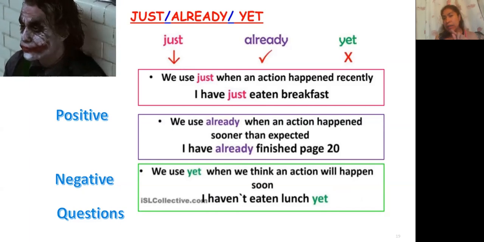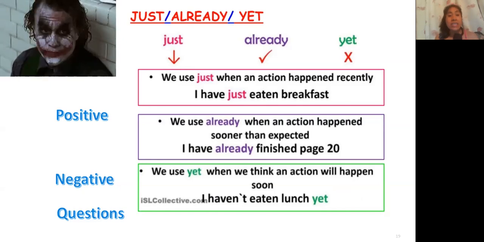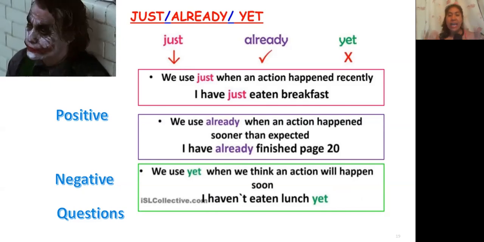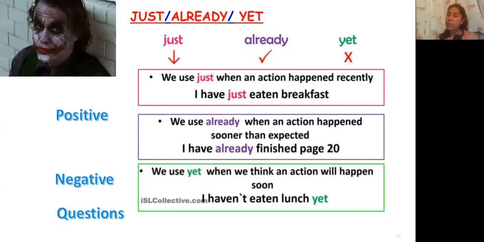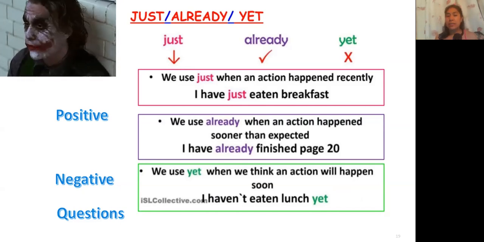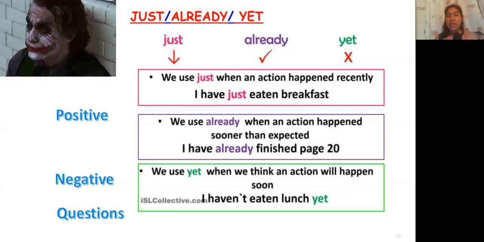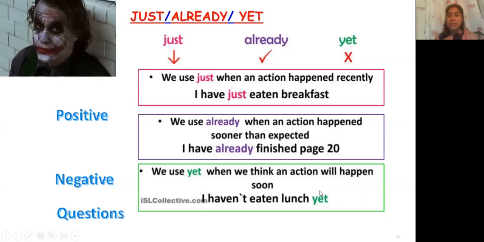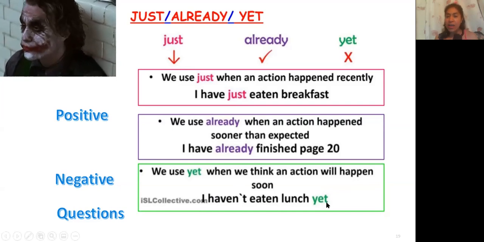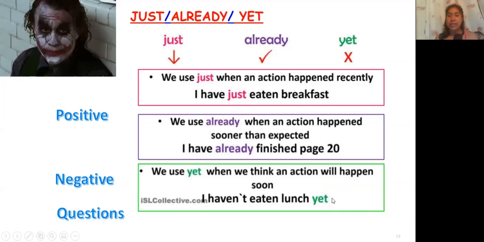However, look at the little difference with yet. We use yet when we think an action will happen soon. I haven't eaten lunch yet. Now, yet, if you notice, is at the end of the sentence. At the end of the sentence.